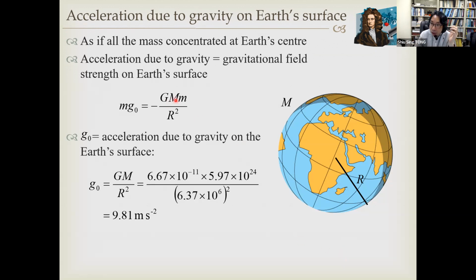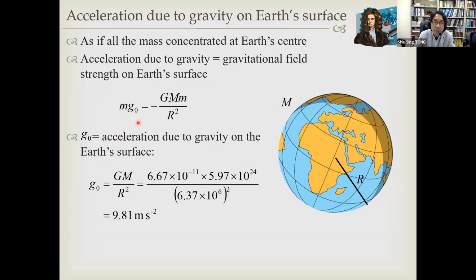So for a perfect sphere of mass M and radius R, if I place a small mass m on the surface, the gravitational force is GMm over R squared. And this is, of course, equal to the weight of the body, mg0, where g0 is the acceleration due to gravity on the Earth's surface. I use g0 to denote the acceleration due to gravity because I'm going to extend the value of g beyond the Earth, so let me use the subscript naught to denote the gravitational acceleration at exactly the Earth's surface.